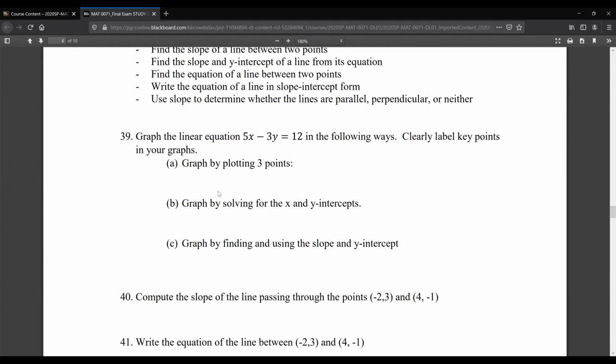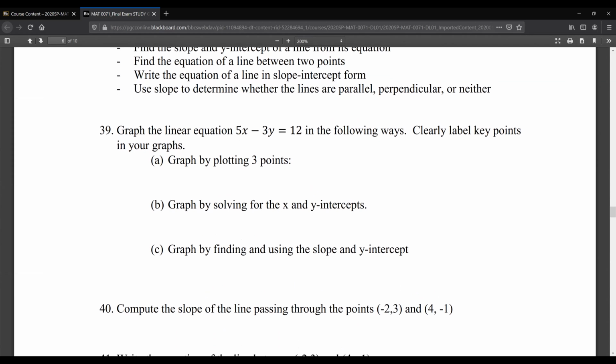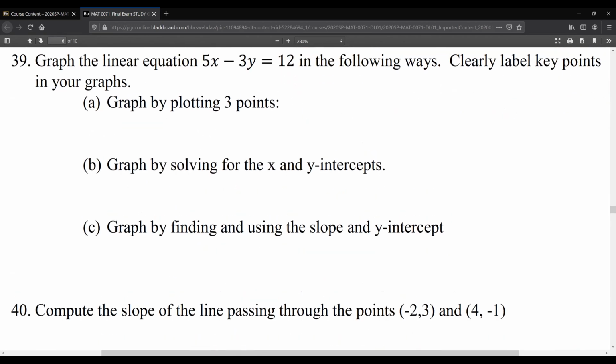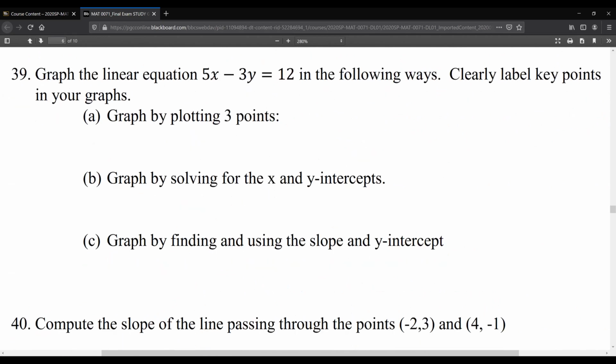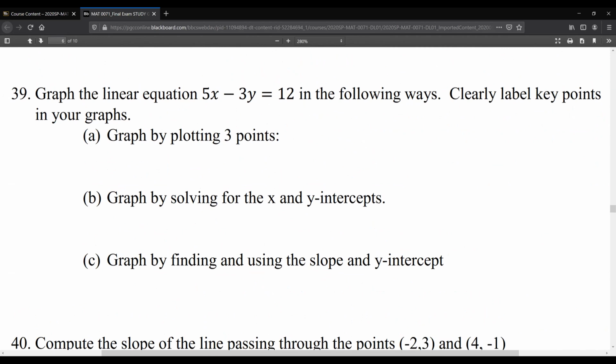Let's graph by using the slope and the y-intercept, because I think that's the easiest way, and easier for students. So we're going to take 39 and graph by using the slope and the y-intercept.